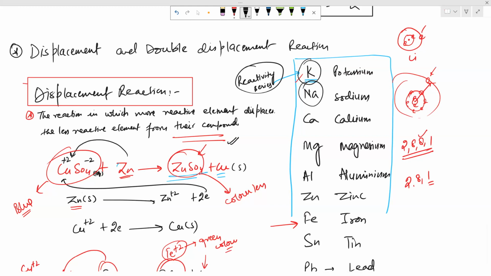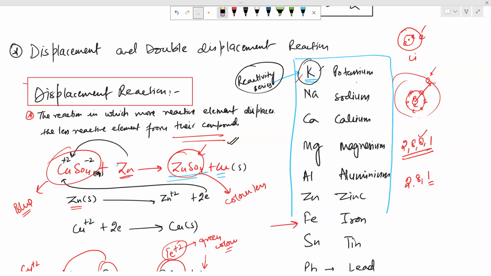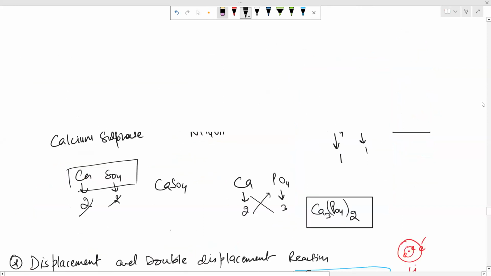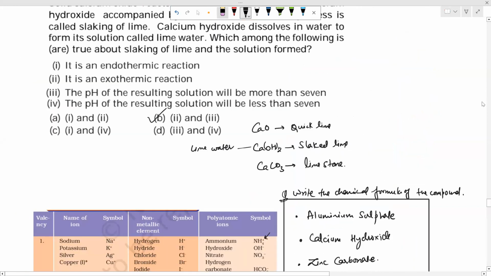It is based on the principle that the one which can lose electrons first is considered the top reactive element. Potassium can lose electrons very easily, with a very small amount of energy, so we say potassium is the more reactive element. You understood?